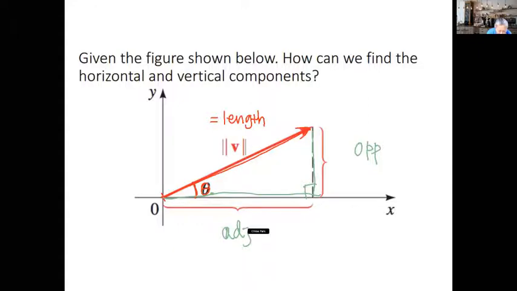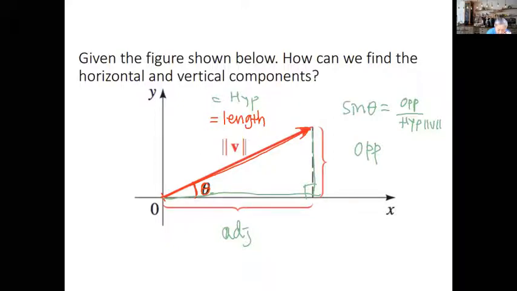Then the ratio, sine theta, is opposite over hypotenuse, but the hypotenuse in this case is the length, which is the magnitude of the vector. So this is the hypotenuse, right? The hypotenuse is the magnitude of the vector.